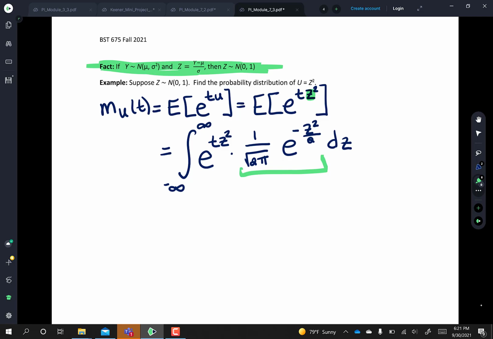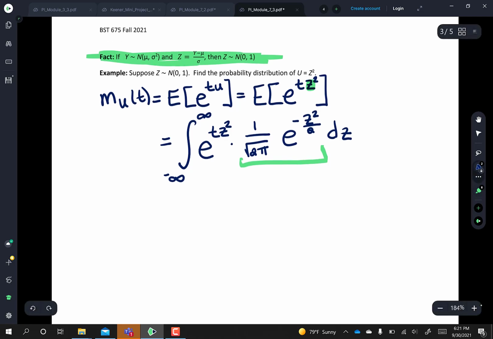And so Z is distributed normal(0, 1), so this is the PDF of a normal(0, 1). To see this, look at the PDF of a normal distribution when mu is equal to 0 and sigma squared is equal to 1. All right.